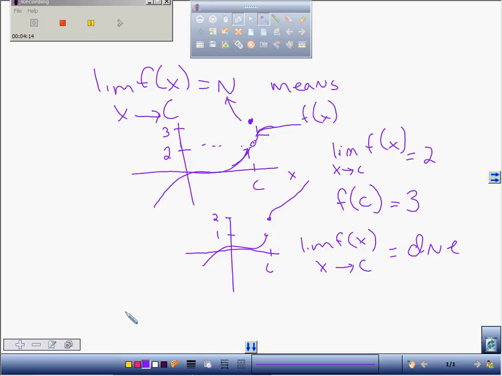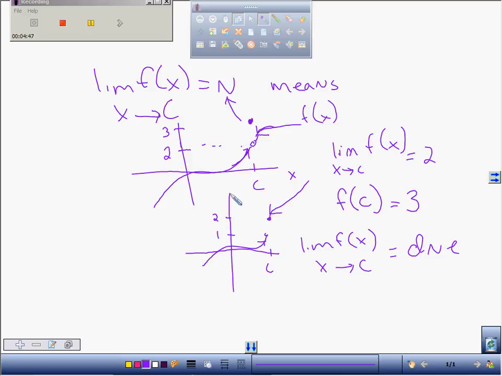You know what DNE means? Does not exist, because as I approach c from this side, the limit is 2. But as I approach c from this side, I approach the y value of 1. So because I'm approaching 2 different y values from opposite sides, as I get closer and closer to c, then you can say the limit does not exist.